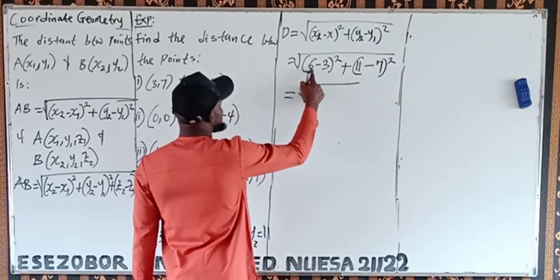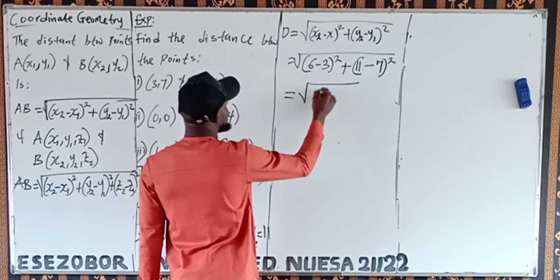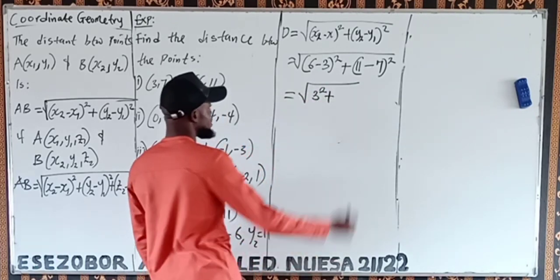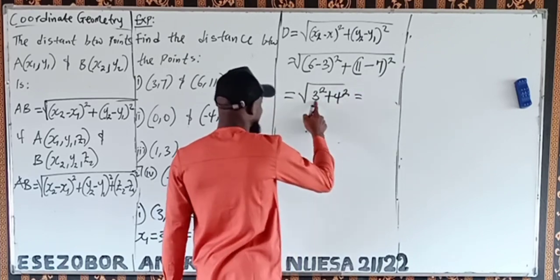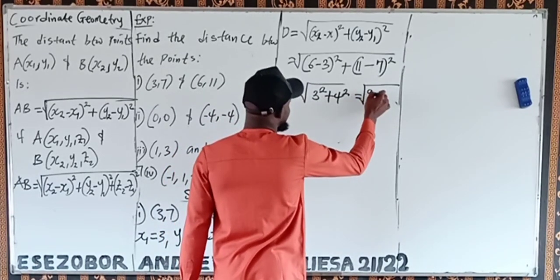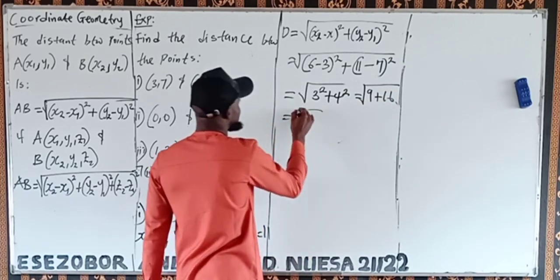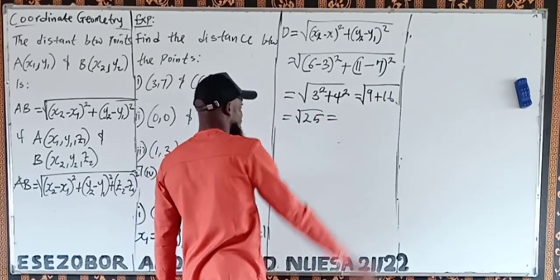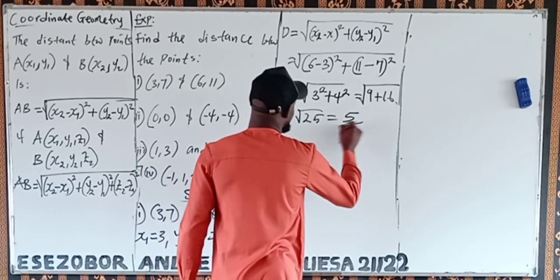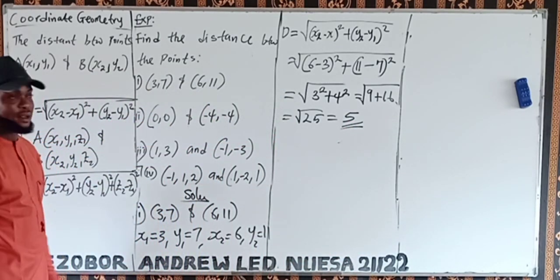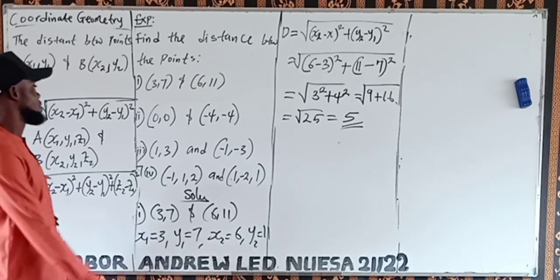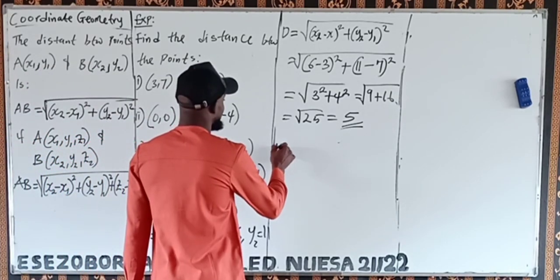The square root of 3 squared plus 4 squared. That's going to give us root of 9 plus 16, root 25. This will give us something very nice, which is 5. The distance between these two points is 5. Then the second one, number 2.